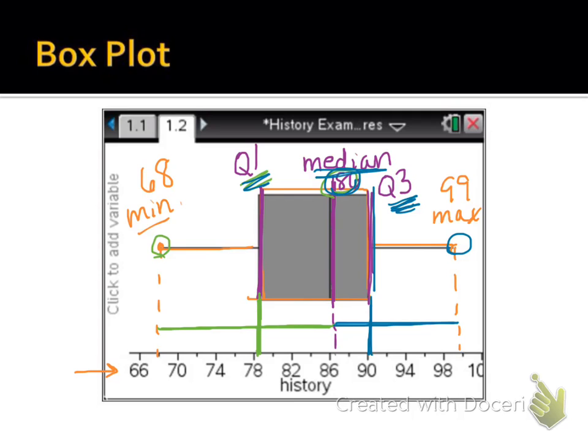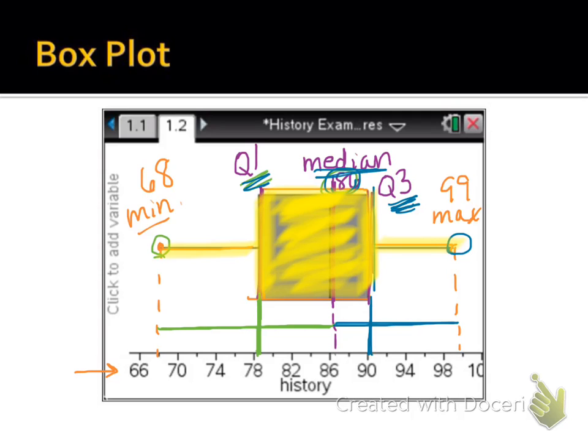And so this box right here then represents the middle 50% of your data, because you're going from this half to this half. This box represents the middle 50% of your data. And then these represent the lower 25% and the upper 25%.